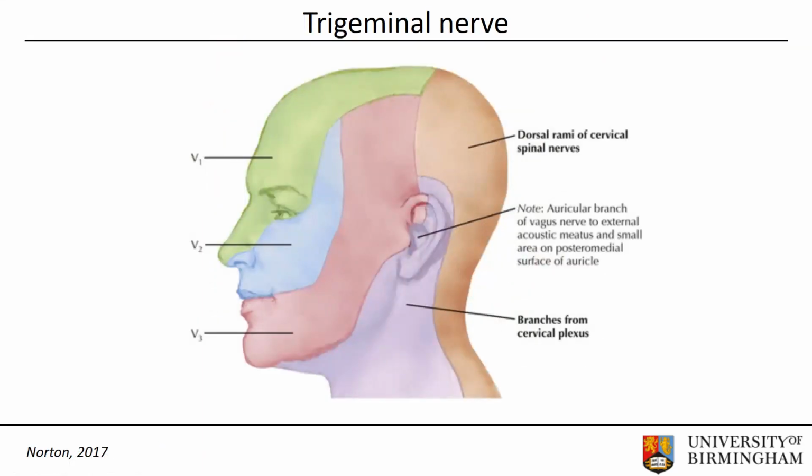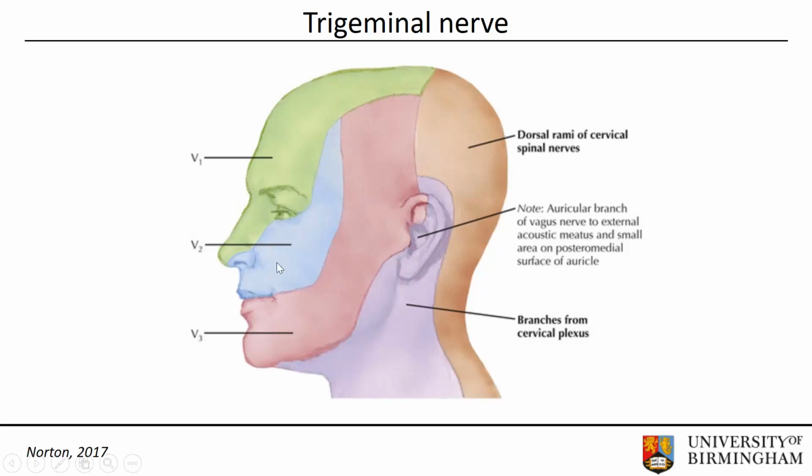So in this picture, we can see the dermatomes of the trigeminal nerve, and these are zones of skin innervations of each division of the trigeminal nerve. So the superior portion, the forehead, the eyelid, and also the nose are innervated by the ophthalmic division.